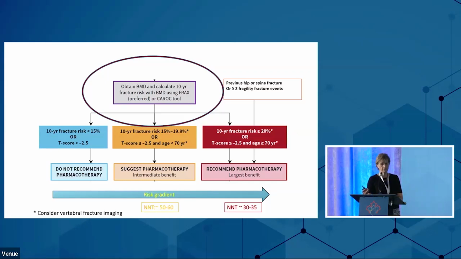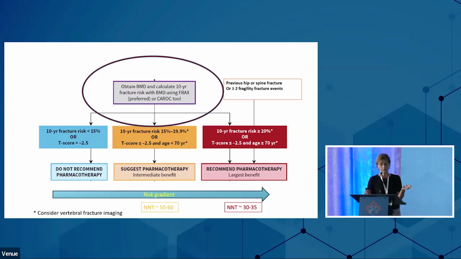People who've had a previous hip, spine, or more than 2 fragility fracture events do not need a bone density for treatment initiation. They should just be treated. If you want to do a bone density, it's going to be really to assess the effect of your treatment on the bone density. And for those who have not had these fracture events, then you go down.